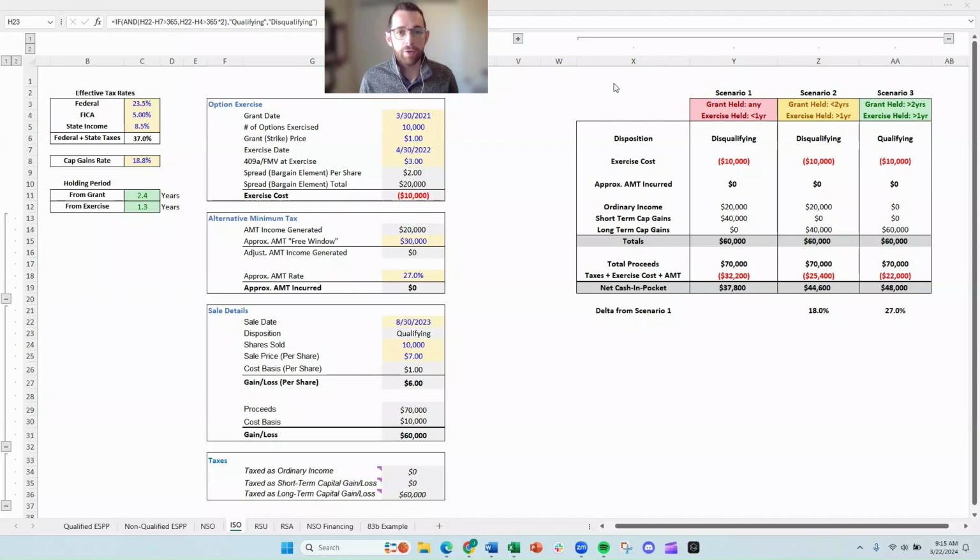I want to caveat all three of these scenarios, however, by saying that you shouldn't let the tax tail wag the investment dog, so to speak. And I know that's kind of goofy, but just because you can potentially gain more in tax efficiency from scenario three doesn't actually mean that it's the right strategy.